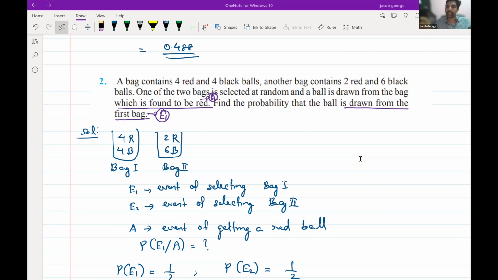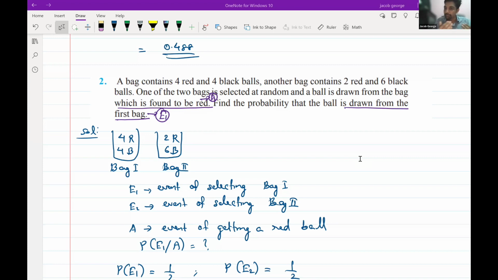That means here capital A is a given event. It is clearly written, given in the question. When the event capital A is given, what type of problem is it? That will be Bayes theorem. So this is a Bayes theorem problem.